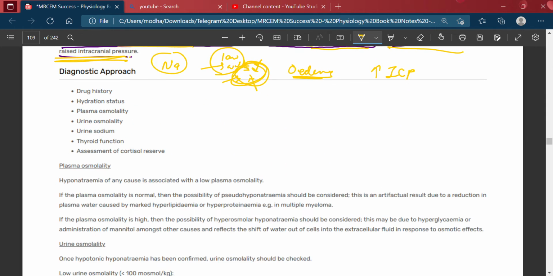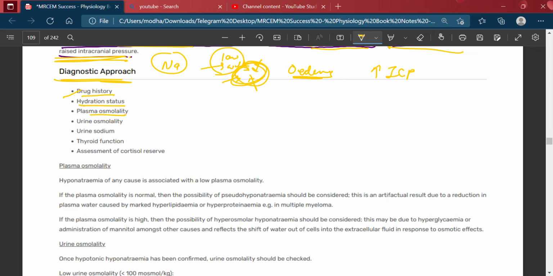The diagnostic approach. What are the diagnostic approaches?